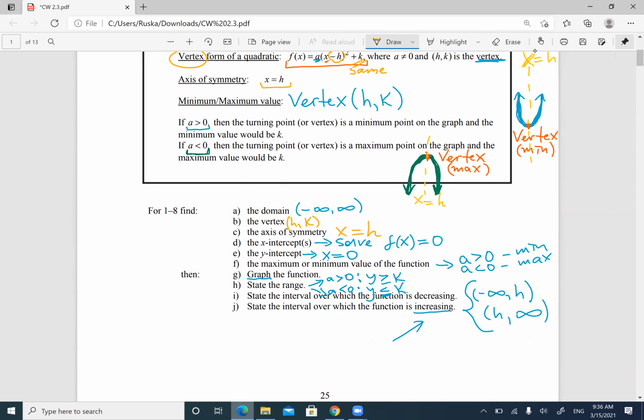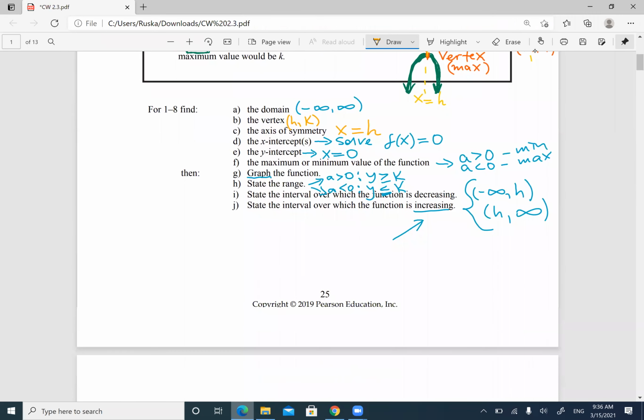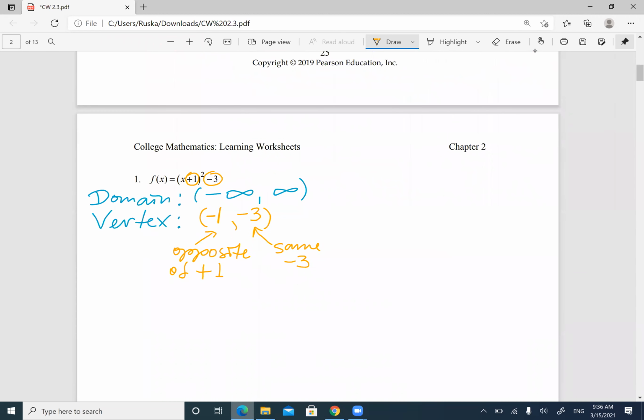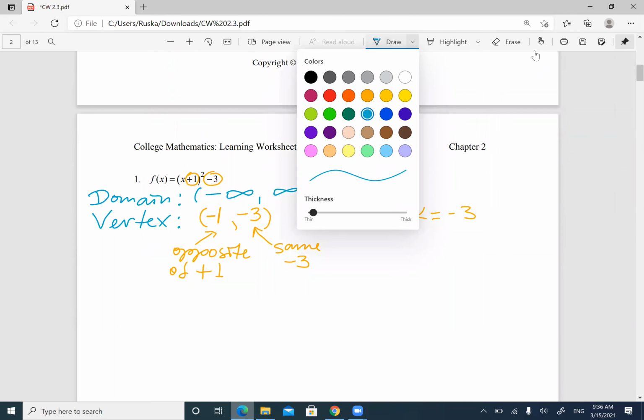Okay? So that's it. And then you have to find the axis of symmetry. So the vertex is -1, -3. That's your vertex. Okay? So h in this case is -1 and k is -3. That's it. The next one we need to find is the axis of symmetry.